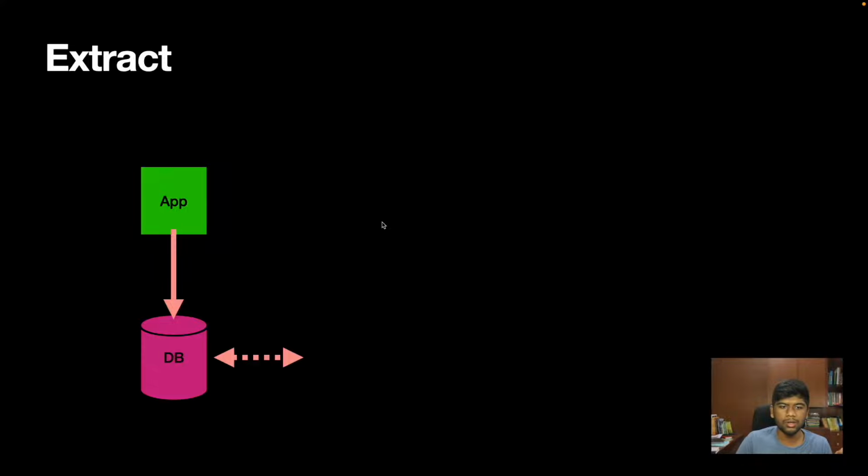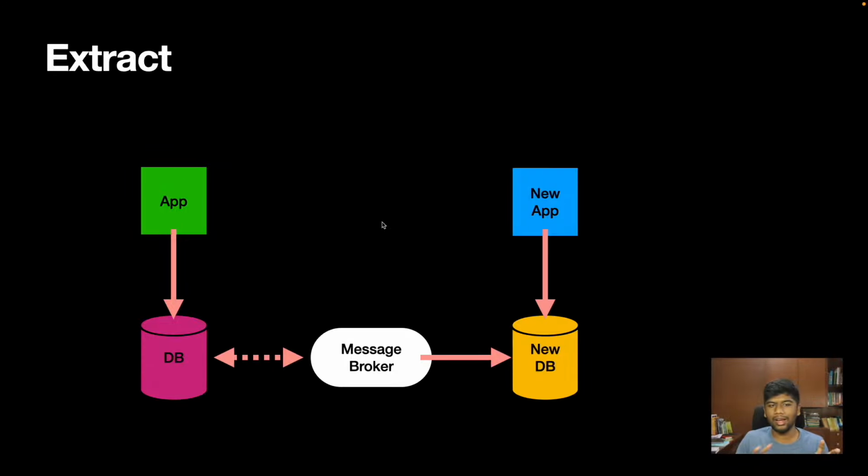So it's important to know in advance the level of support you will get before you start architecting the extract phase. It's always a good idea to go with something like a message broker in the middle. Whatever you do, putting this message broker in the middle, make sure that you don't have to do this again. For example, let's say today you have a new application and a new database that you're migrating to, for example a FHIR database, and you are moving from a MySQL database.